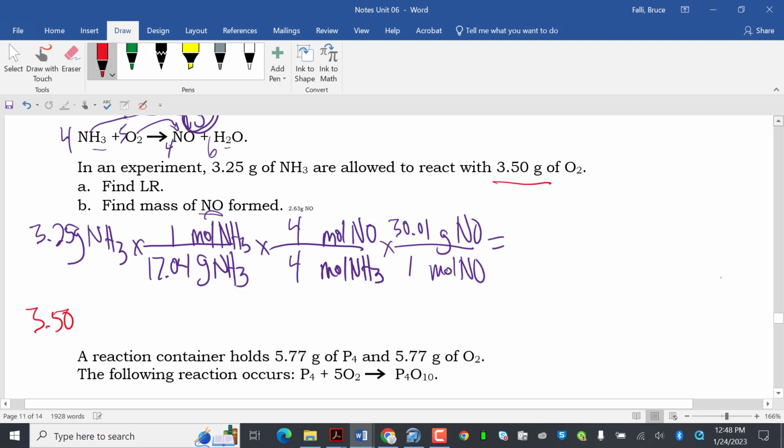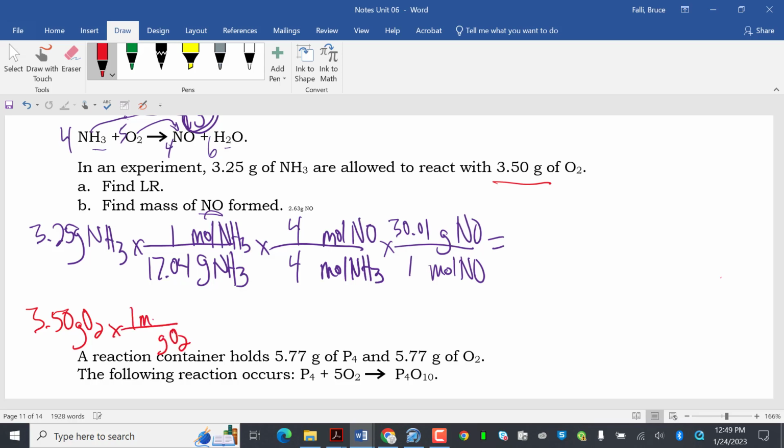I'll do the math here in a minute. 3.50 grams of O2. I'm going to cancel grams of O2 and go into moles of O2, 32. And then I'm going to get rid of moles of O2 and go into moles of NO. My name is NO. You heard that before. It didn't get any funnier this time. And then coefficients for moles over moles. And then 1 mole of NO, and 30.01 grams of NO.